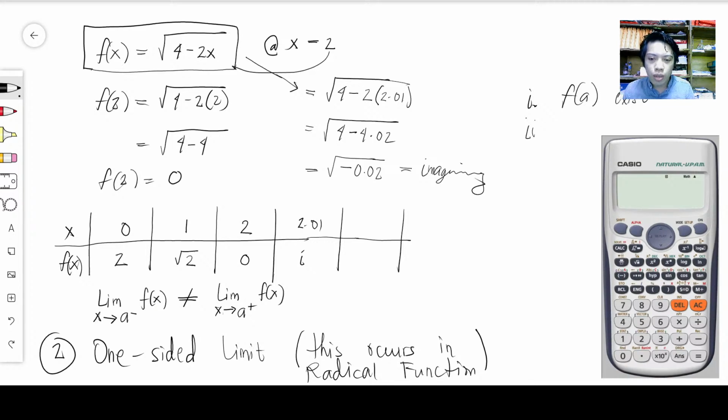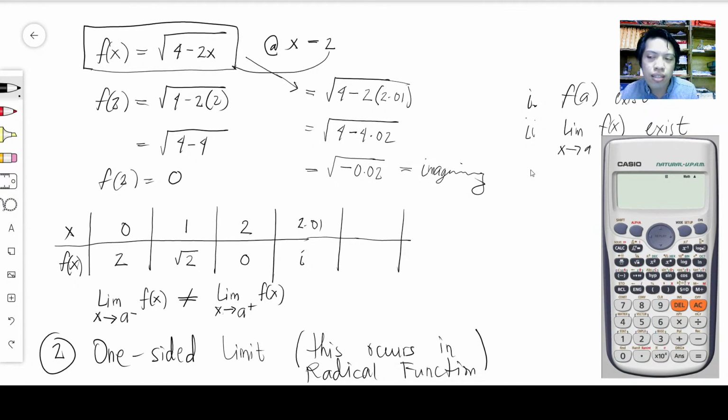Diri iya one-sided limit. So kung equal nga ni, mag-equal nga ni it left hand limit and right hand limit, we can say that the limit of f of x as x approaches a also exists. Yan. Diba? Because when the left hand and the right hand limit of the function are equal, then ibig sabihin the limit exists.